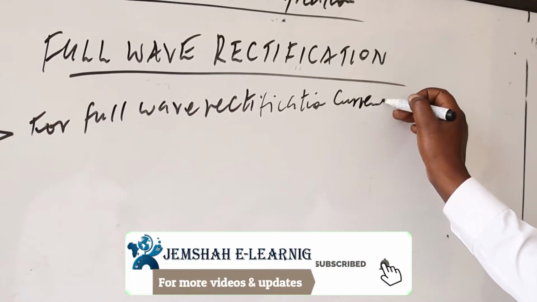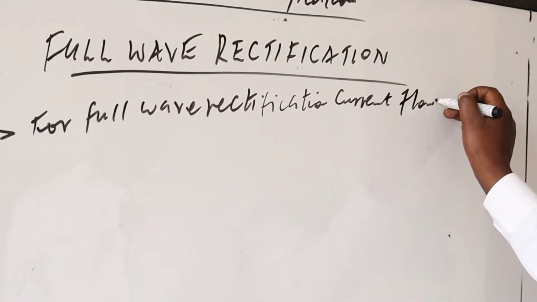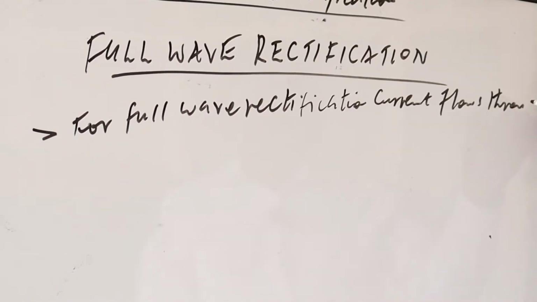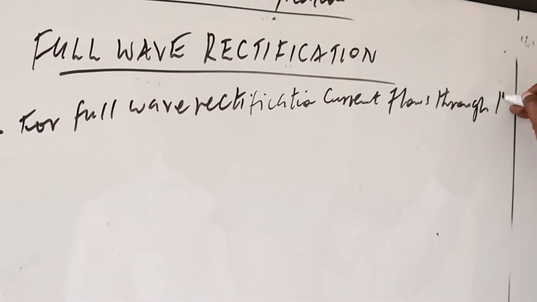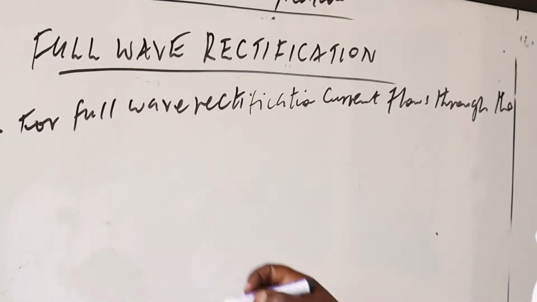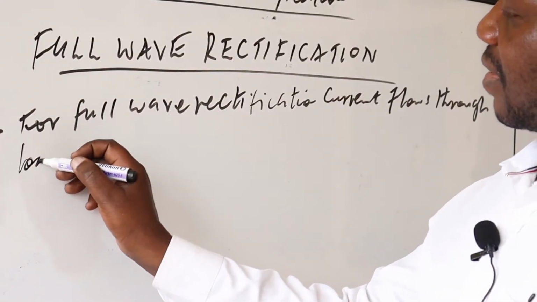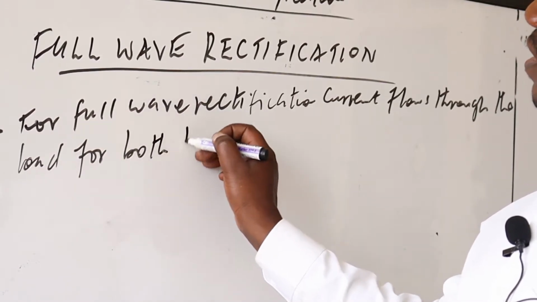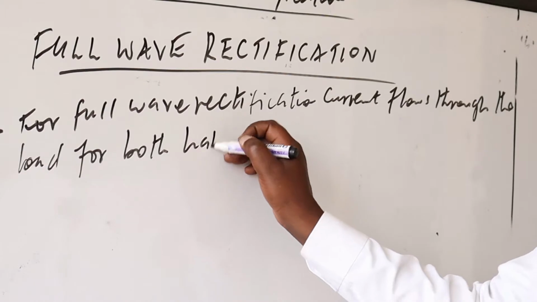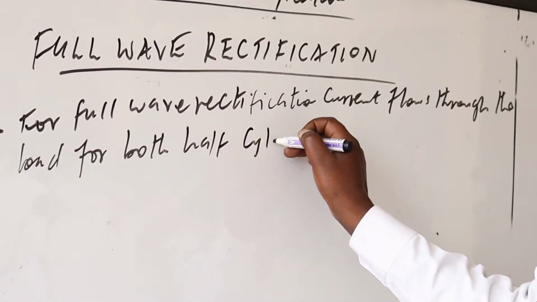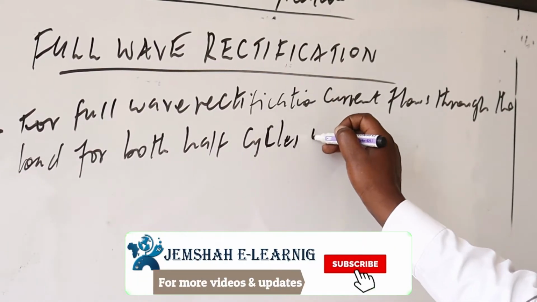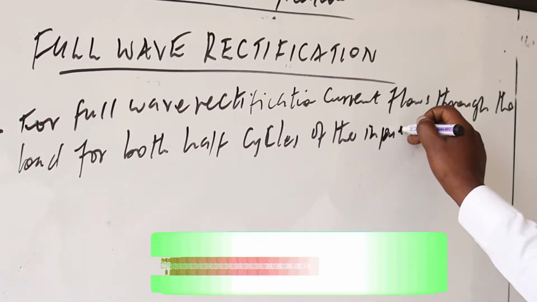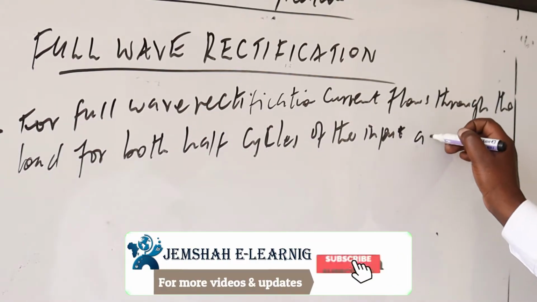current flows through the load for both half cycles of the input AC voltage.